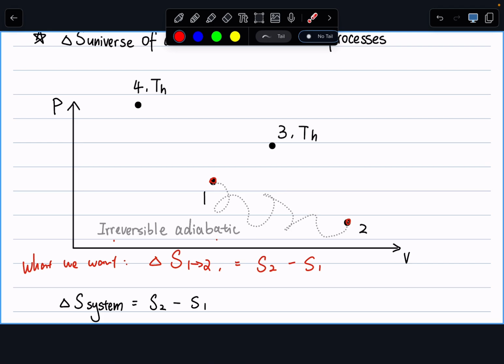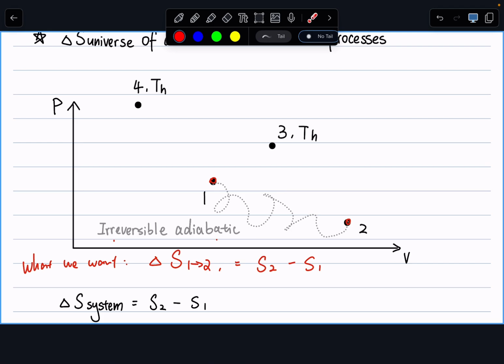Now we have a way to have an expression of the delta S of this irreversible cycle. We went over that together. So let's do this. This delta S 1 to 2 is the delta S we want for my irreversible adiabatic process. My delta S 2 to 3 is reversible adiabatic, so this term goes to 0. My 4 to 1 is also reversible adiabatic. This term goes to 0.